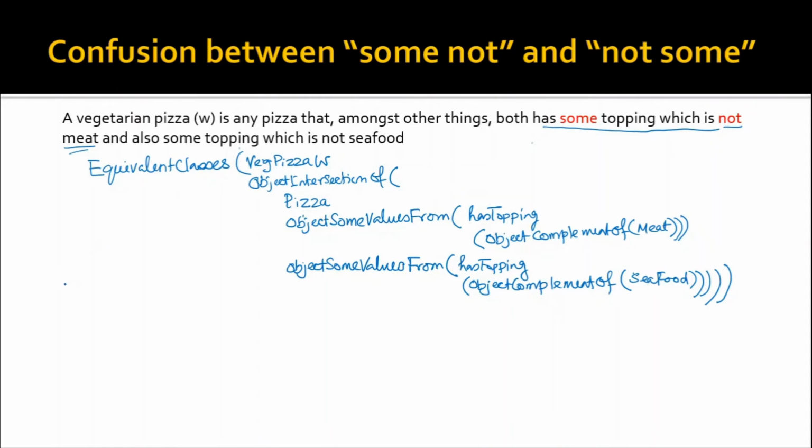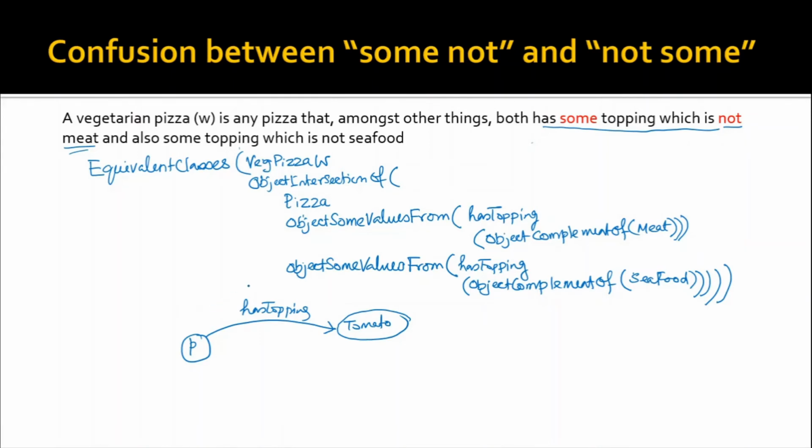So let us try to draw a visualization for this. So you have a pizza, right? And it has got topping to be, say, tomato, right? So that means it has got a topping that does not belong to meat and that does not belong to seafood, right?